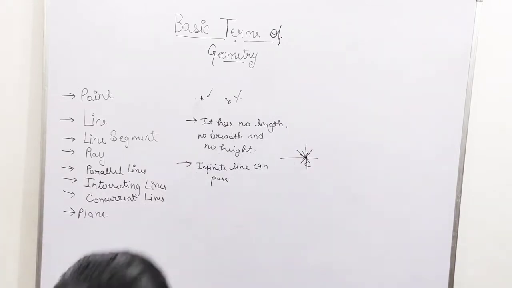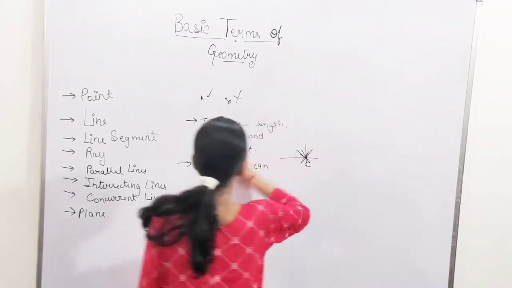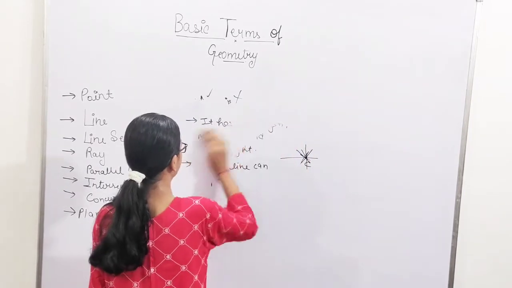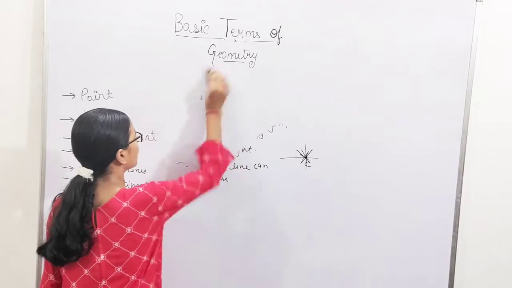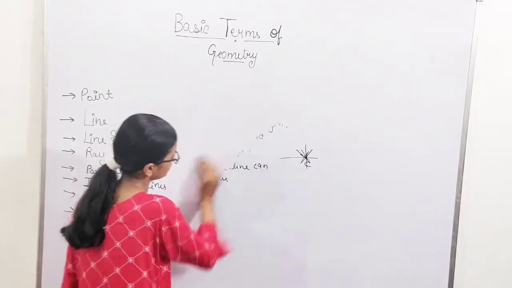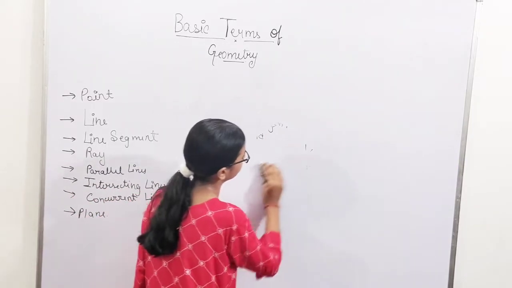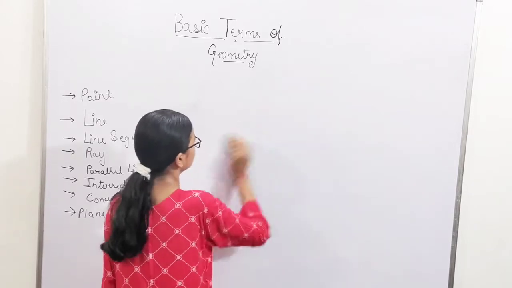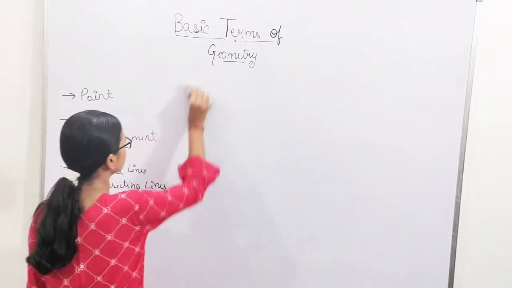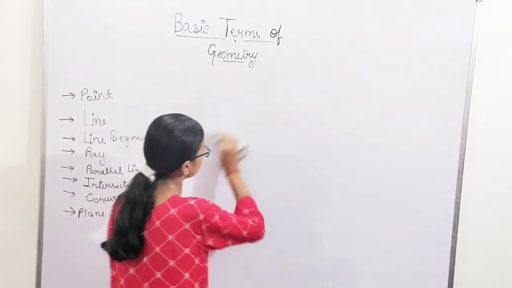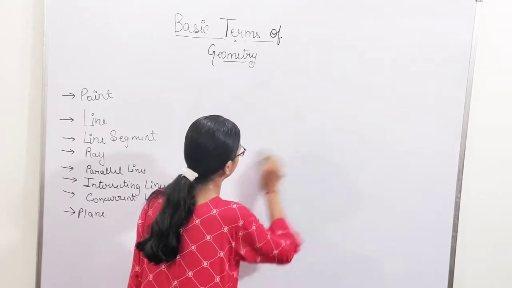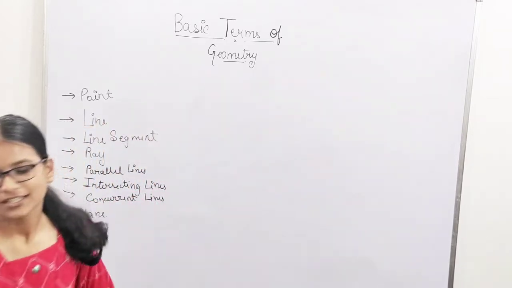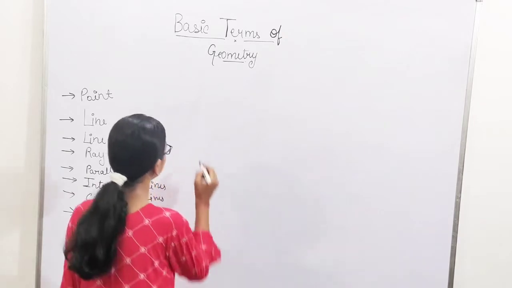Wait, let's move ahead. This would be very clear. So I think geometry is very interesting, the thing in which you enjoy the most. We enjoy it a lot. I think me the most. Okay, so let's move further.